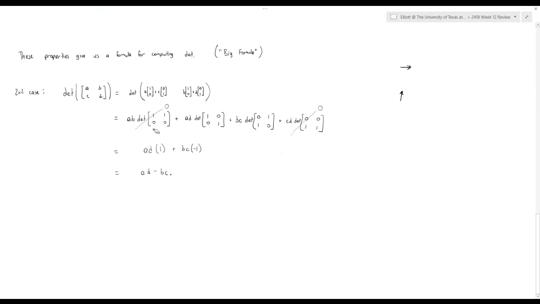You could FOIL all of it out, but it would be a massive thing to FOIL in general. But any of the terms that have a repetition will zero out. And then all the other terms, you get ±1, depending on the number of swaps needed to get to the identity matrix. And you'll get to this big formula at the end.